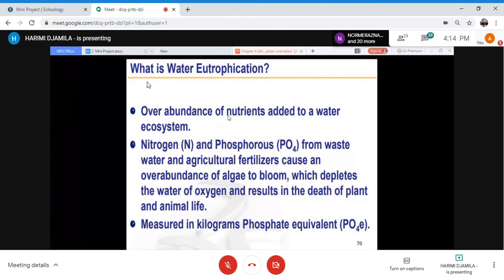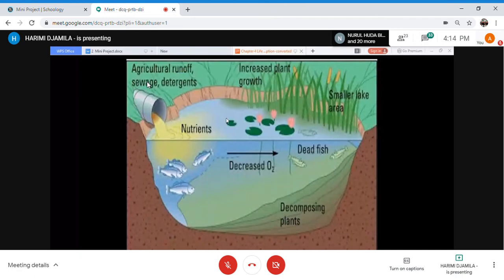and that things are going very well, that there's an improved environment, but that is not the case. Whenever there is an abundance of nutrition, it will affect things in many situations, for instance negatively. Why? Example here: agricultural runoff, sewage, detergents, these nutrients. What happens? The nutrition may affect the oxygen level.